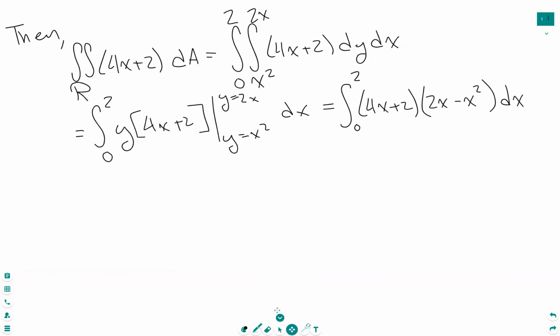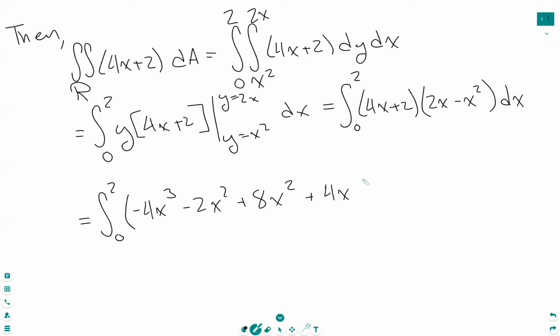So we have to FOIL this out, get this as a polynomial. So this is the integral from 0 to 2. And our highest power is going to be here, which is negative 4x cubed. We'll also have a minus 2x squared, a plus 8x squared, plus a 4x dx.